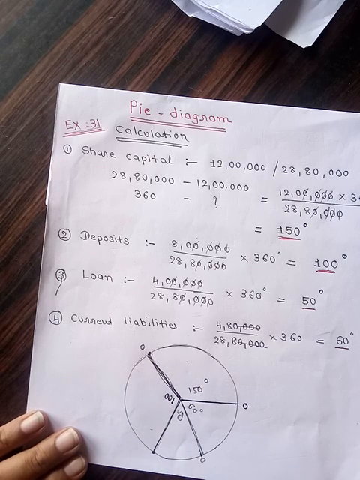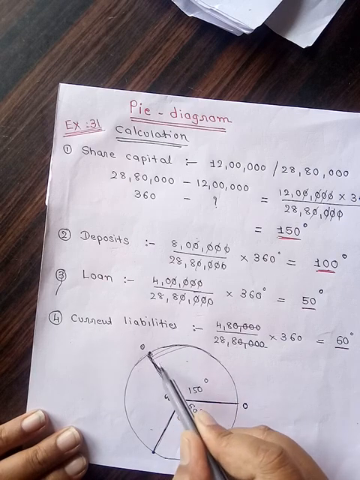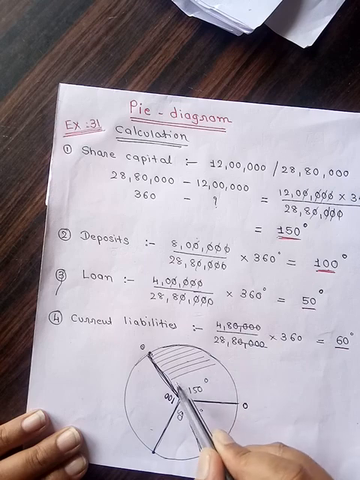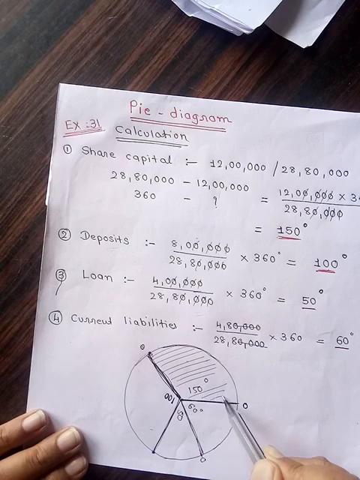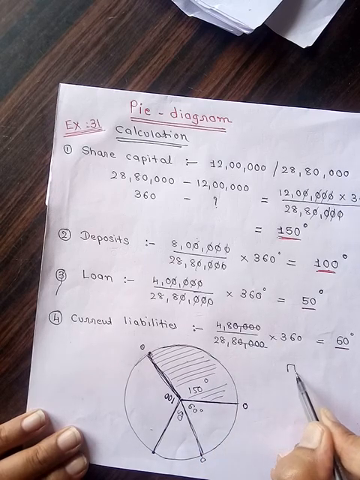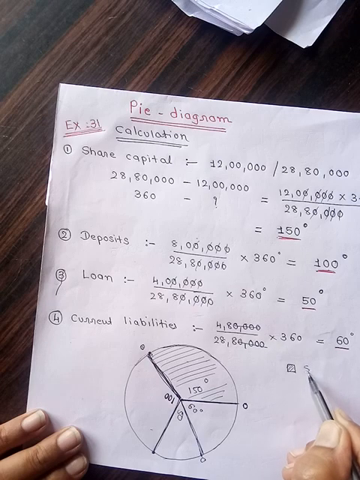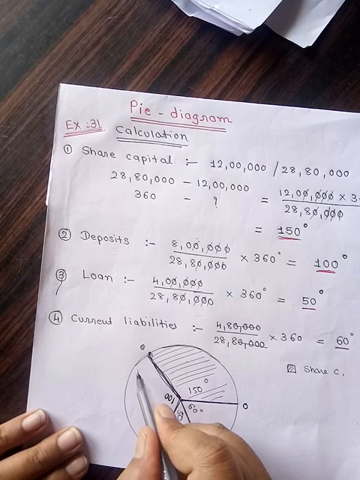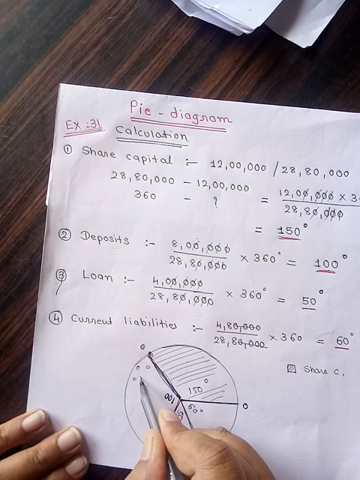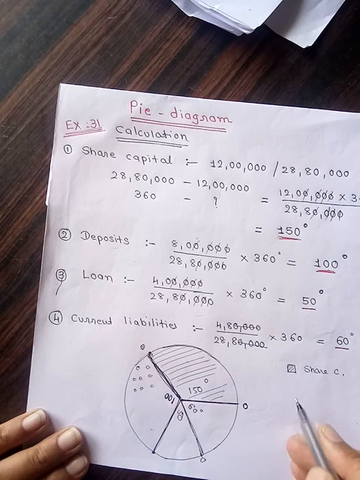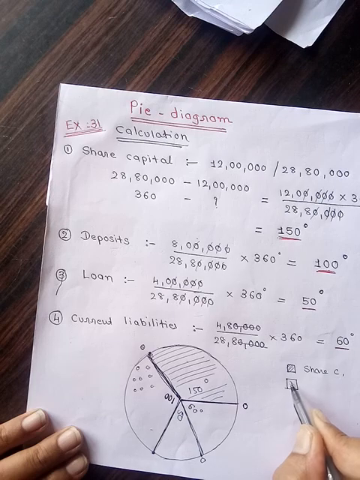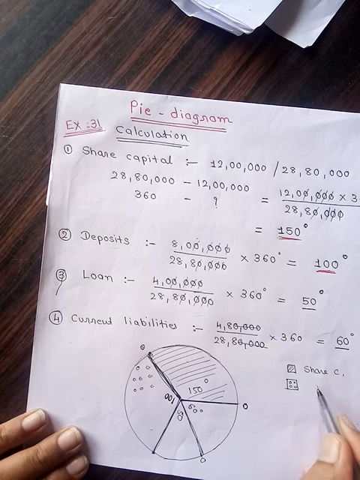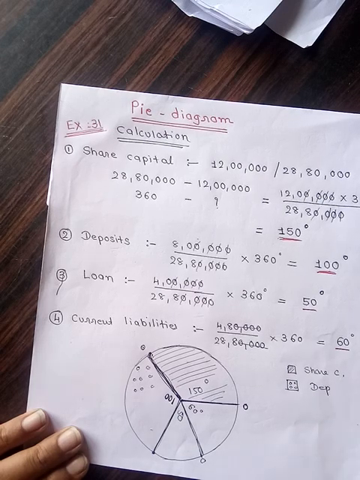Now what was given first? 150 degrees. It was share capital. So you can choose any one design. Suppose I am drawing this type of line, then in the scale you will write this slanting line is of share capital. Second, you can use another, suppose I am using a circle. Then here you will write in a square box that this circle is of deposits.